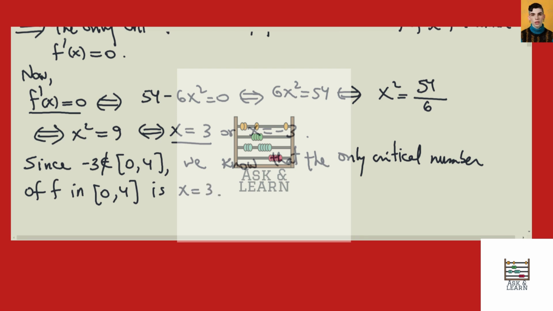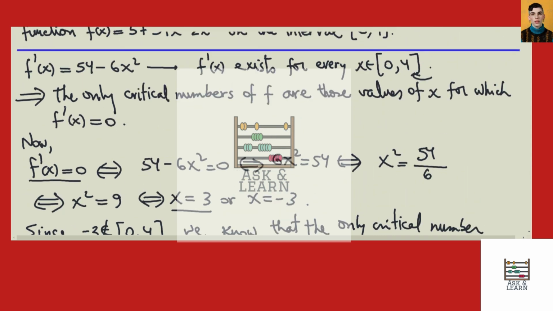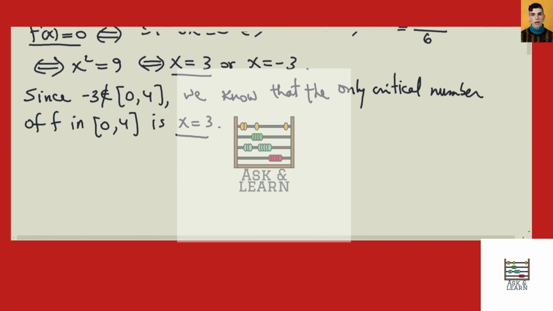And so we get to evaluate the function at 3, the critical number, and at 0 and 4, which are the endpoints of this interval.